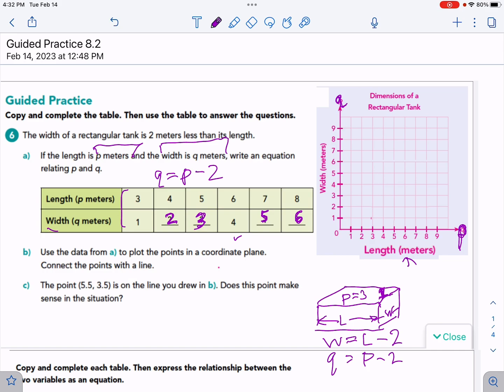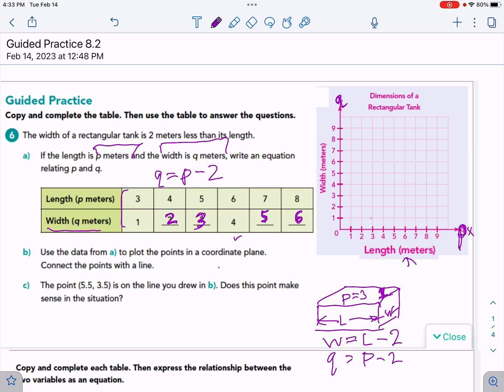So we see that finding the width is dependent on knowing what the value of the length is. Now that this is set in our minds, let's go ahead and graph it, right? So we've said that knowing the width depends on the length. That means that we can choose to represent this so that the length, p meters, is our x-axis, right?